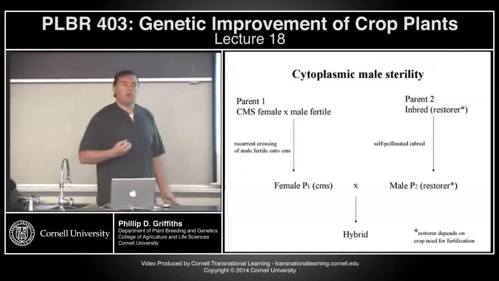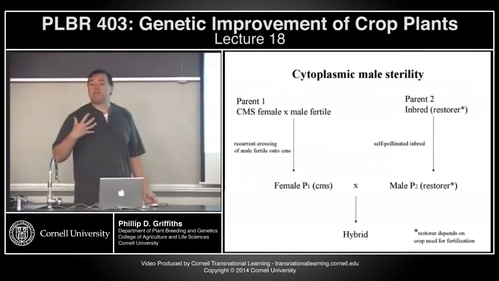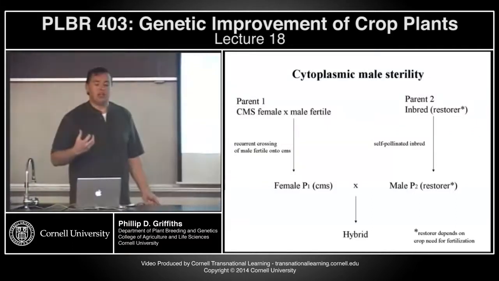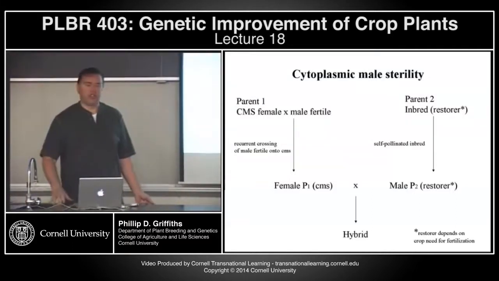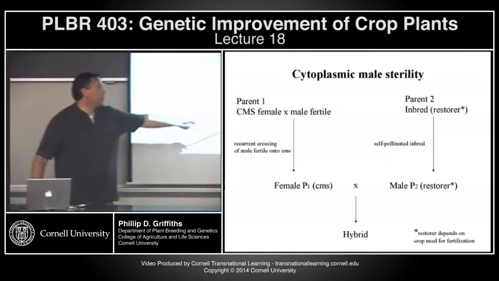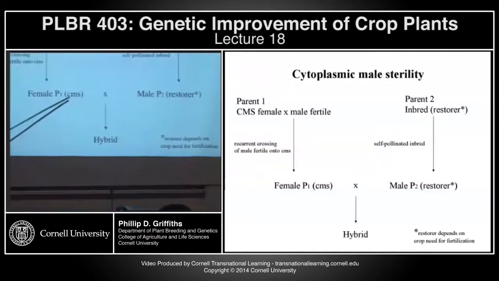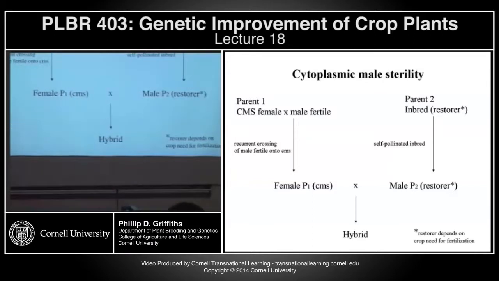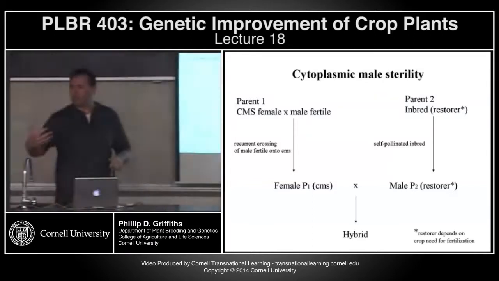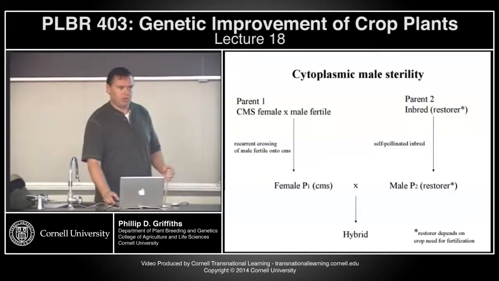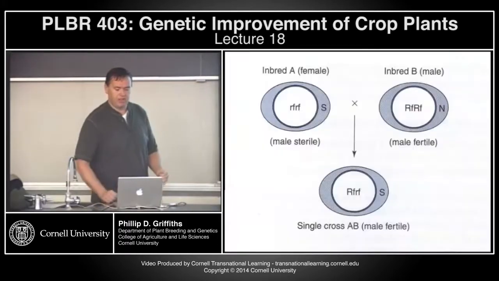In the case of a crop that produces, for instance, a fruit, then we also need to have a restorer gene, which is usually nuclear, and this restores fertility in the hybrid so it can self-pollinate or be pollinated to go on to produce the hybrid type.